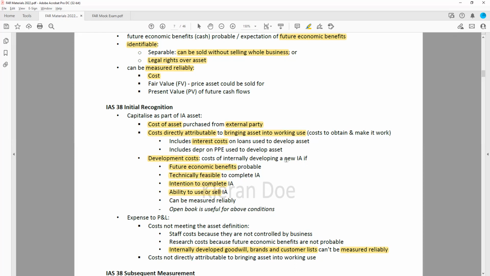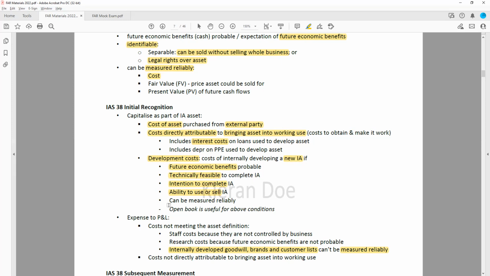So if you think about what types of intangible assets a company might be developing, it could be a prototype for a new product, for example. It could be a new software system. Think of a tech company, maybe like Apple. There'll be an initial research phase where they do some initial research to consider whether they can develop a chip of a certain size to develop a new type of iPhone.